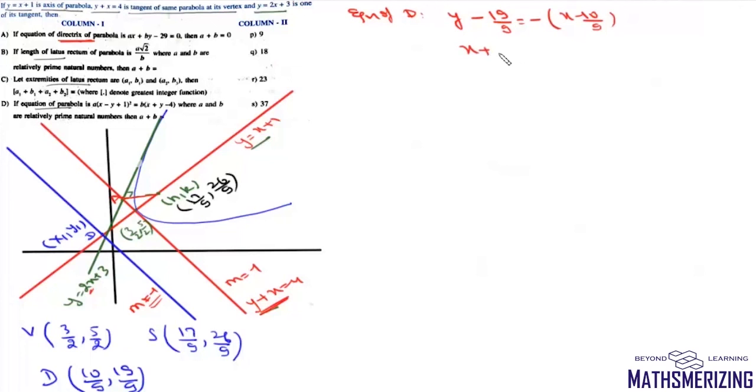So we'll get x plus y equals 29 by 9, which we can write as 9x plus 9y minus 29 equals 0. The condition given is ax plus by minus 29 equals 0, then a plus b is: a is 9 and b is 9, so a plus b is 18. So option A is matched to Q.